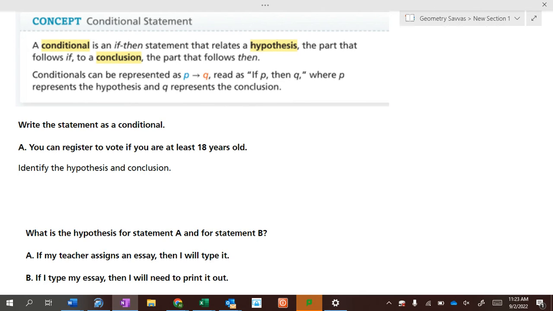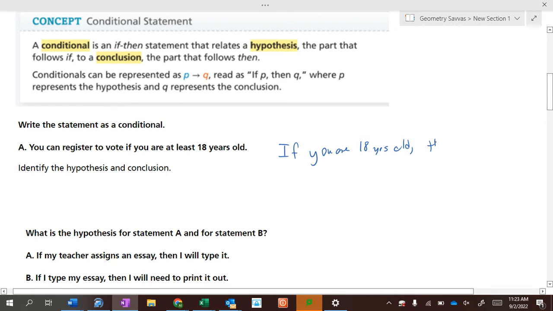We have more coming. You can register to vote if you're at least 18 years old. Okay. What follows the if? Well, if you are 18 years old, then you can register to vote.